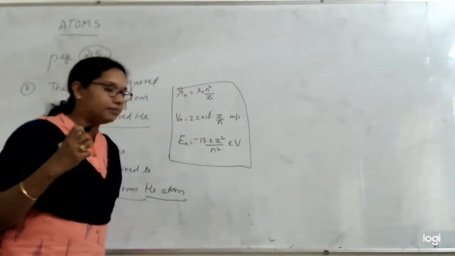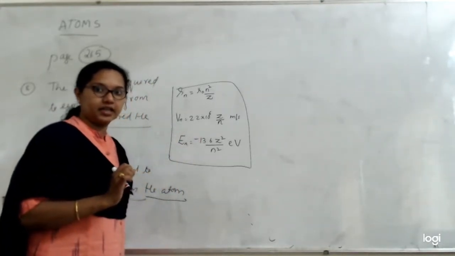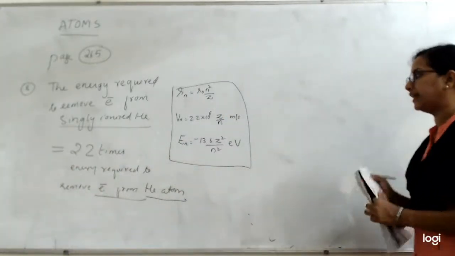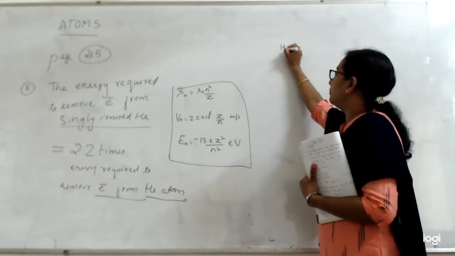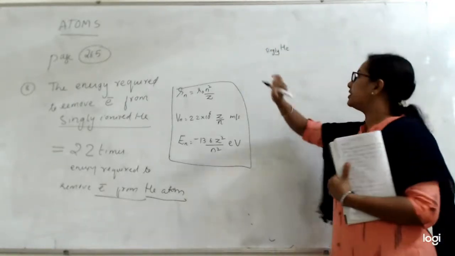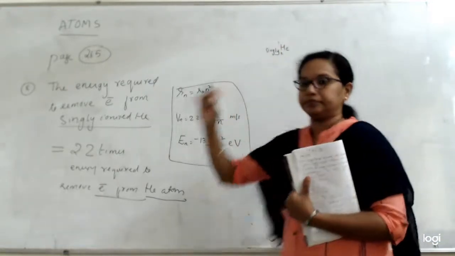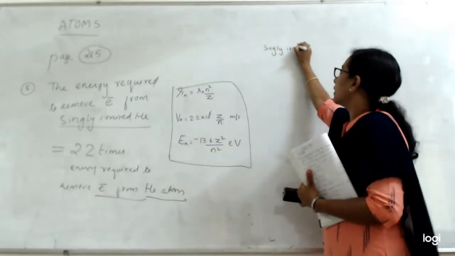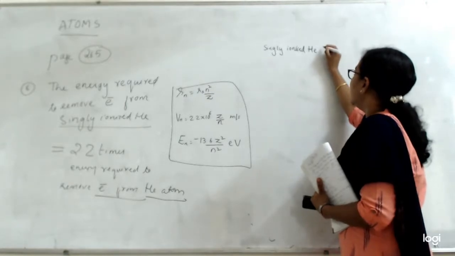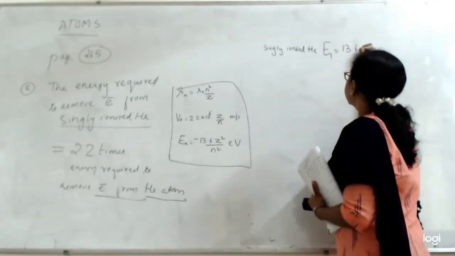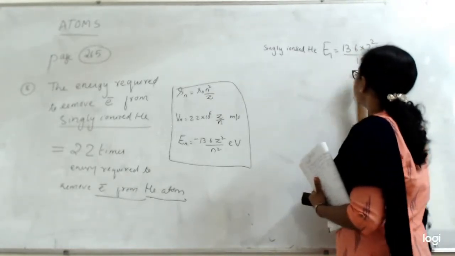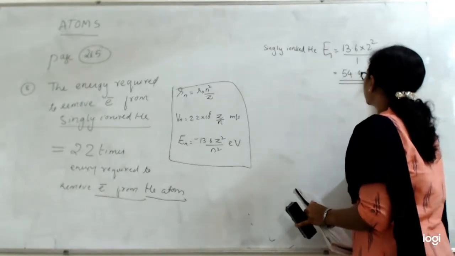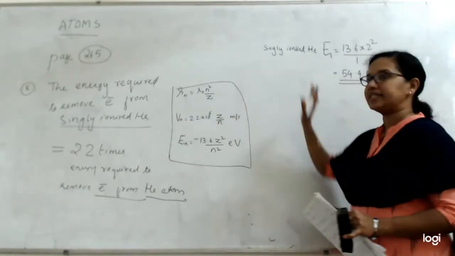If the electron wants to come out from that orbit, you have to provide the positive of this energy. Now, for the singly ionized helium, the energy I can write as 13.6 into 2 square by n is 1, that is 13.6 into 4. 13.6 into 4 is nothing but 54.4 electron volt, which is the energy required to remove an electron from singly ionized helium.